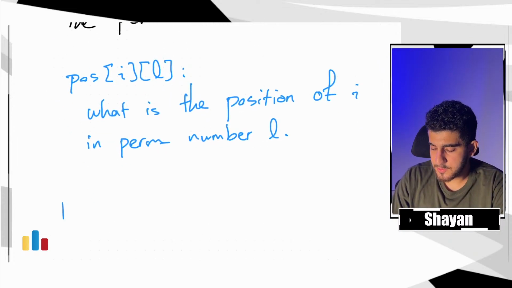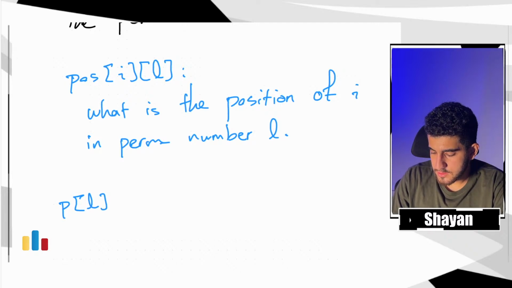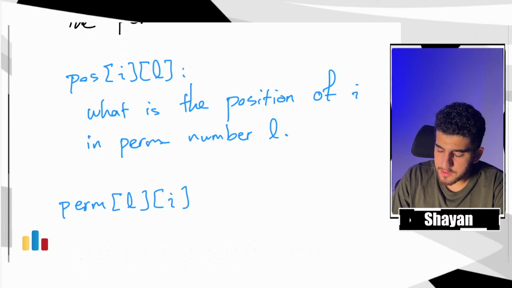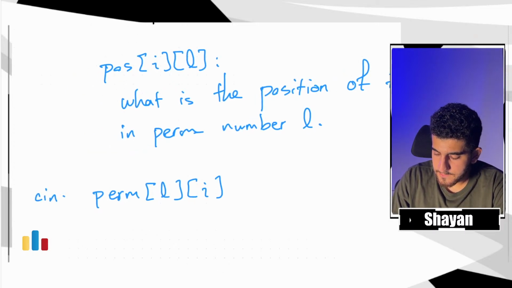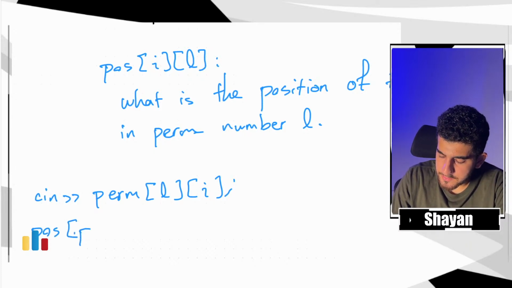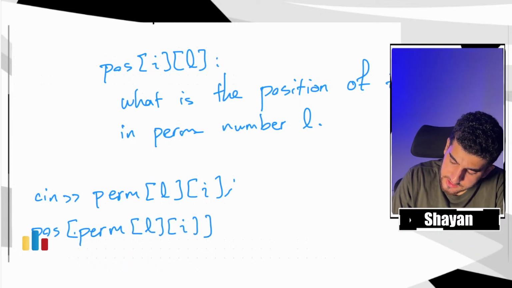When I have my permutation, perm of L and I, this is my permutation number L. This perm of L and I is some x, right?